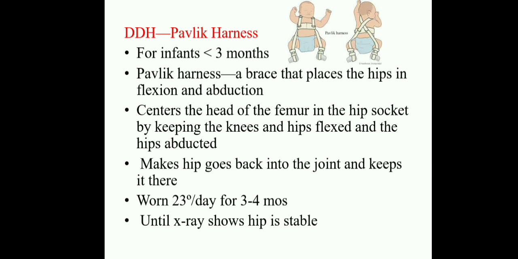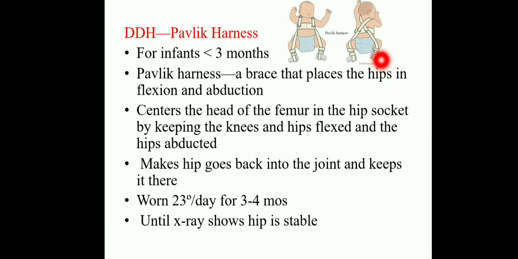And for DDH, the Pavlik harness. Mostly they are using this brace. Pavlik harness means a brace that keeps the hip in flexion and abduction. They use this brace for infants less than 3 months only.